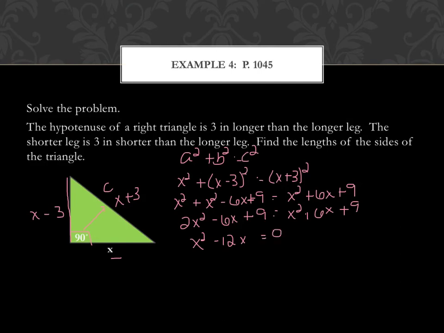So then to factor this, they have a common factor of x, so then that's x minus 12. So then x equals 0 and x equals 12. So if x is 12, then 12 minus 3 is 9, and 12 plus 3 is 15. So the three sides of the triangle are 9, 12, and 15.